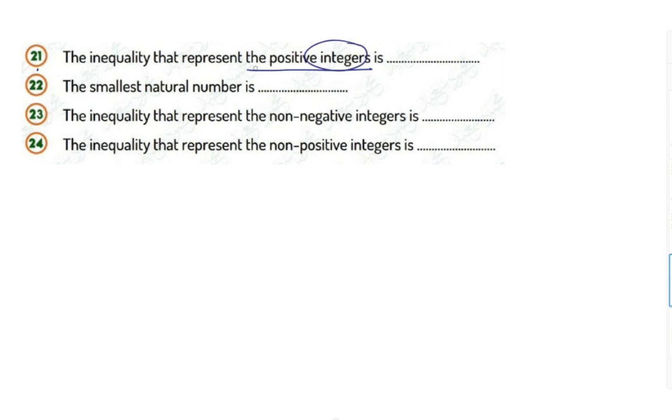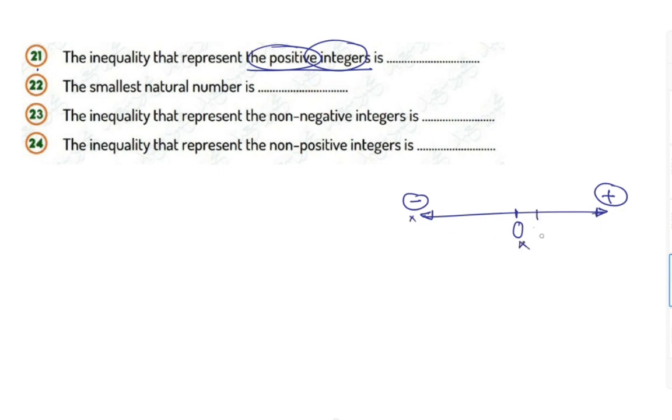Integers, but the positive part. We know the integers on the number line: we have 0, positive and negative. When we talk about the positive, there is no negative and no 0.